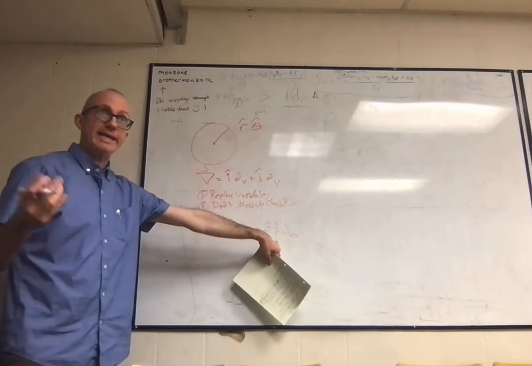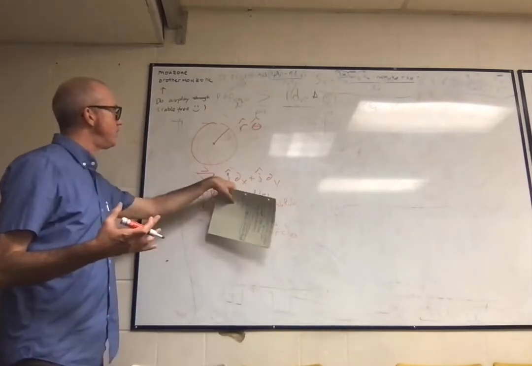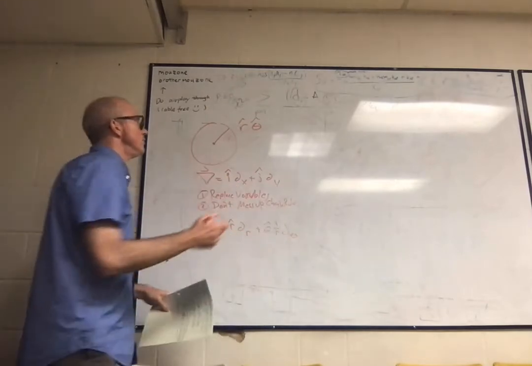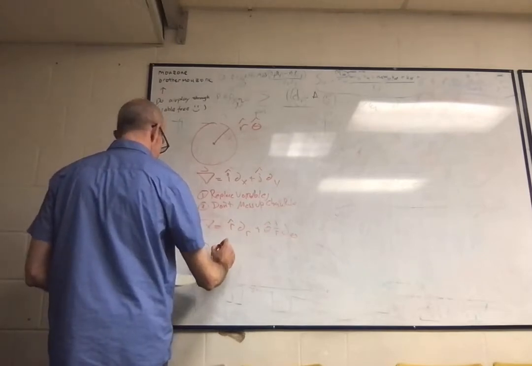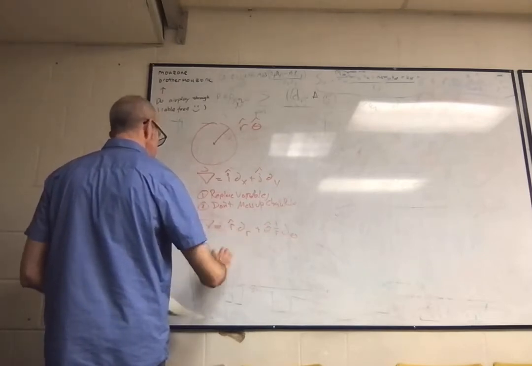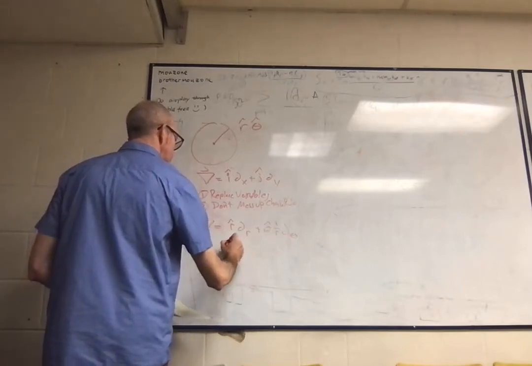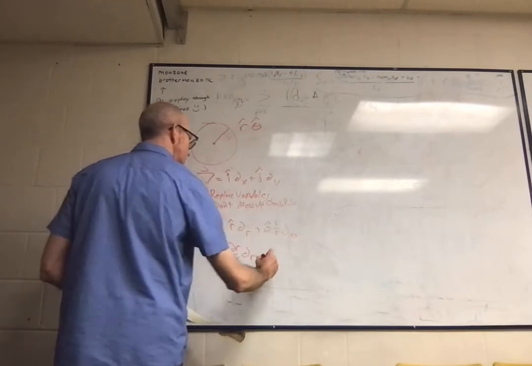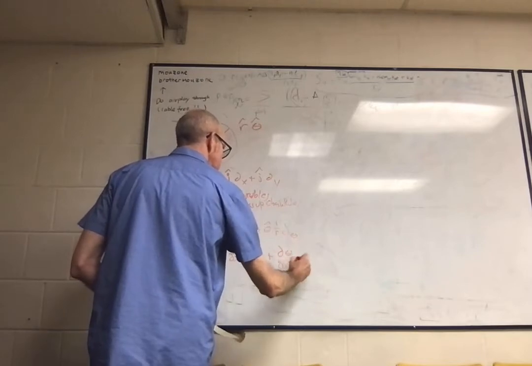Okay, if you want to go from here to here, you've got to convert these unit vectors, and you've got to do the chain rule. So you say dx equals dr/dx dr plus d theta/dx d theta.